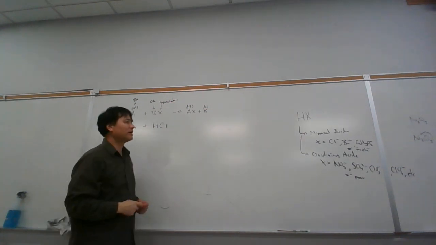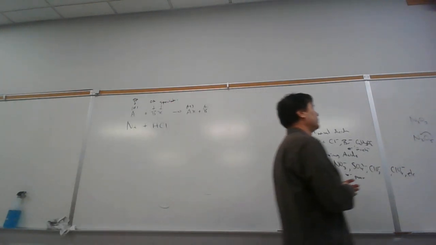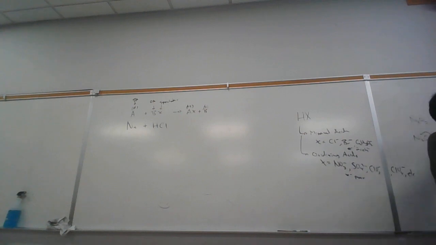And so if I have a mineral acid like HNO3, then H plus should be the oxidizing agent and nitrate should be the spectator. But look at the rank. Here's H plus, where's nitrate? Do you see nitrate?